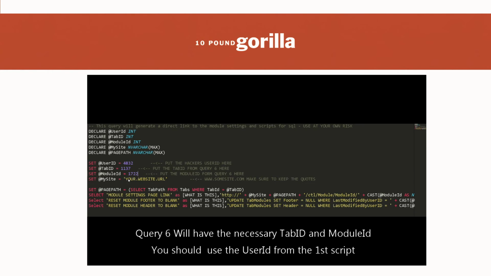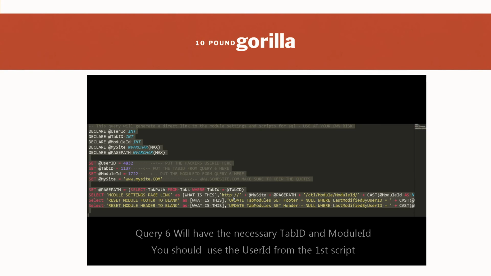You want to replace the My Site with your actual fully qualified URL, so we're going to say www.mysite.com. Now all we have to do is select this whole thing and copy it into the SQL module.